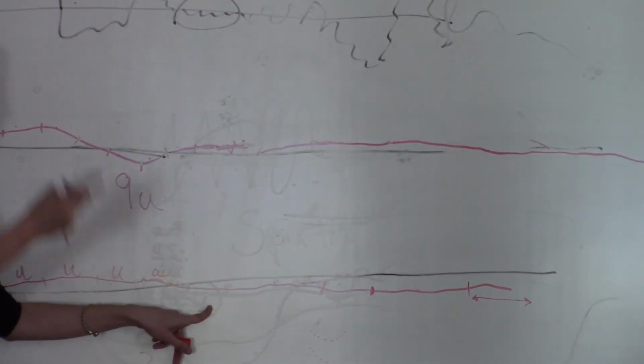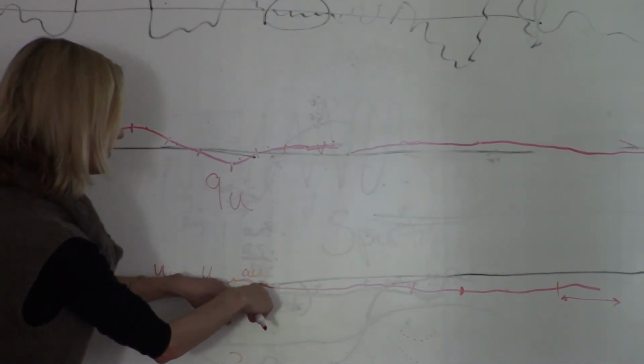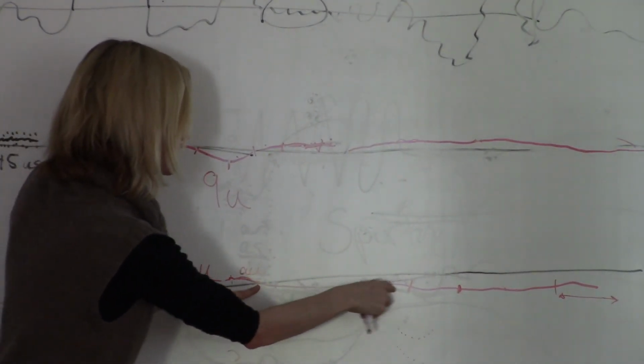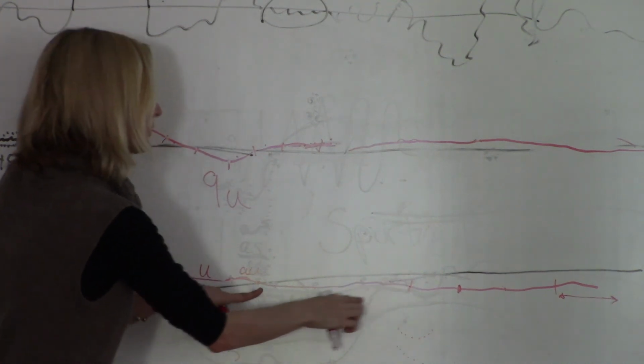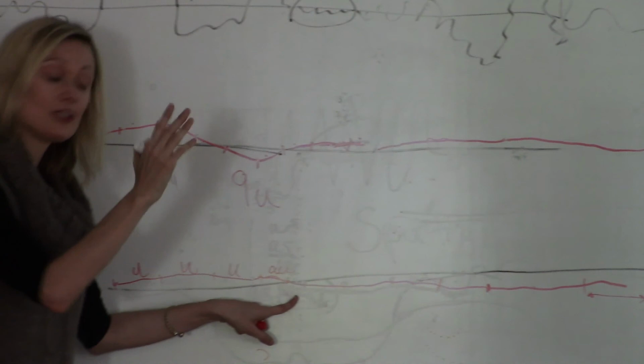So, let me go back. This is where I left off. This is an AU. From here to here, I think this looks like a lot of just running drifting, so I'm going to divide that up into U segments.